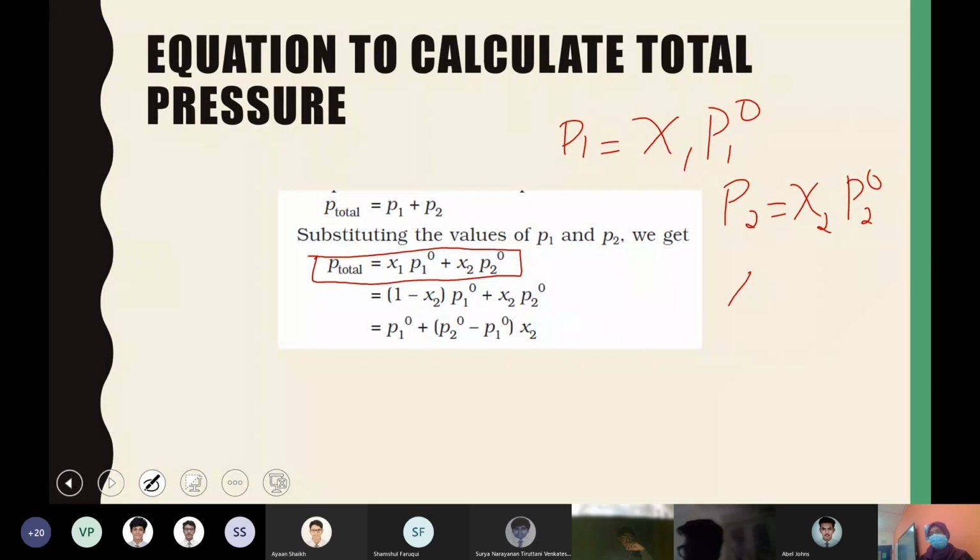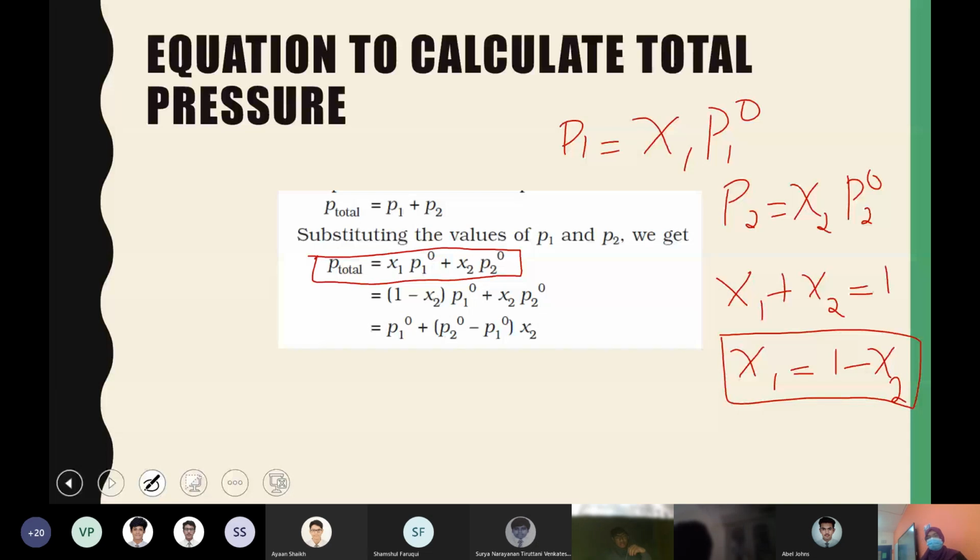Now we know that always chi1 plus chi2 is equal to 1, or you can replace chi1 is equal to 1 minus chi2. Because chi1 plus chi2 is equal to 1, chi1 will be equal to 1 minus chi2. Right? So that you can substitute in the equation. So chi1 will become 1 minus chi2 into P1 0 plus chi2 P2 0.